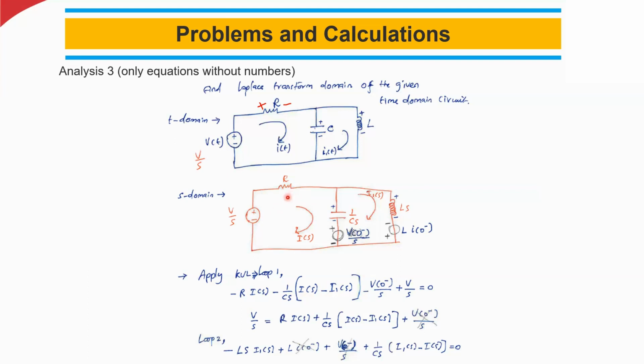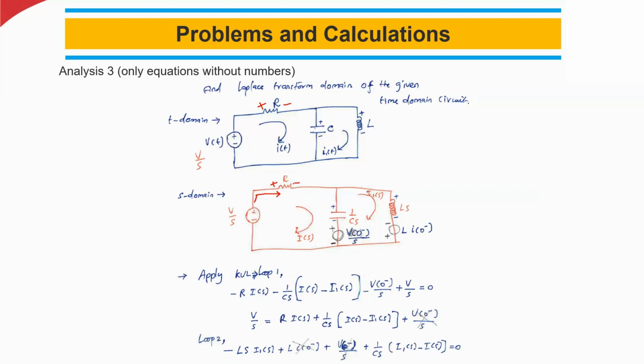For example, now I have the polarity. What is the polarity of the resistor? The polarity of the resistor is plus and minus. The current is coming from the source and going through this way, entering the positive terminal and exiting from the negative terminal of the resistor.